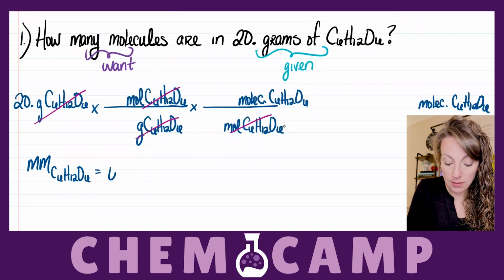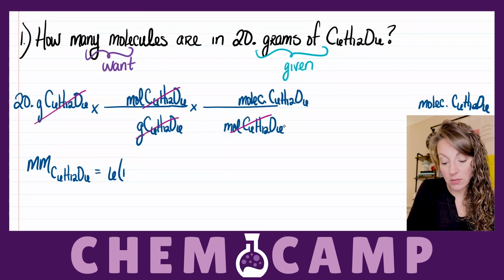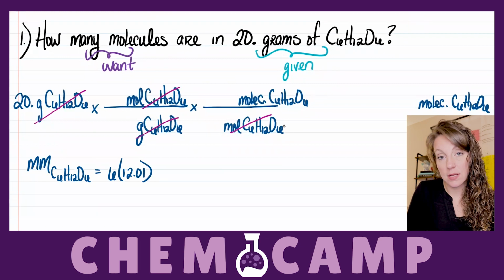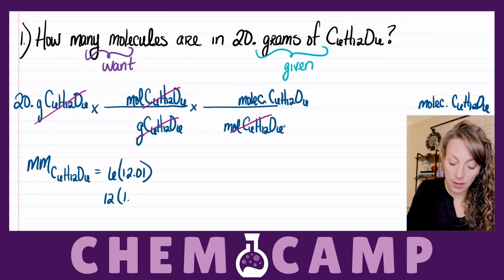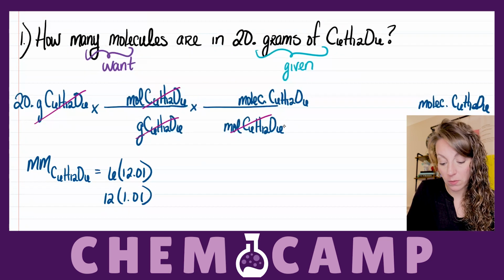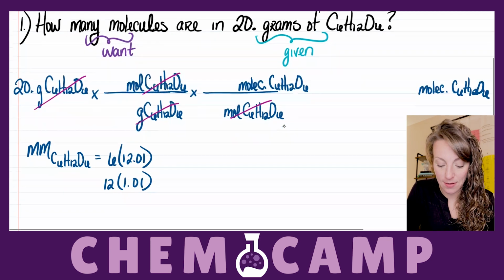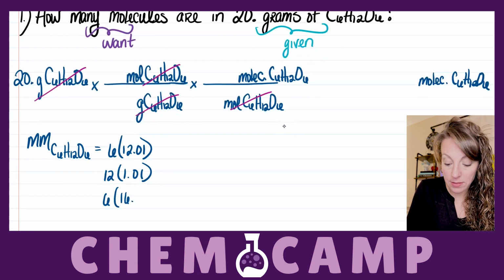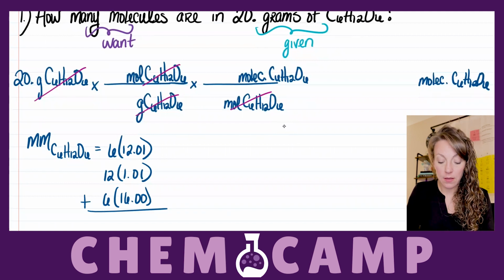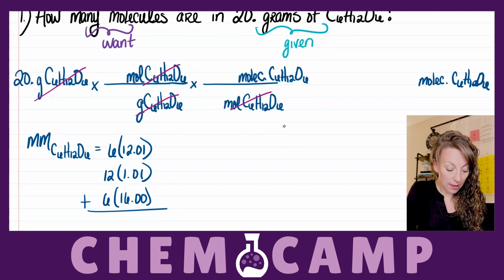So I'm going to take 6 and multiply it by 12.01, the atomic mass of carbon. I'm going to take 12 and multiply that by 1.01, the atomic mass of hydrogen. And I'm going to take 6 and multiply that by 16, the atomic mass of oxygen. Once I do that, I'm going to add them all up.